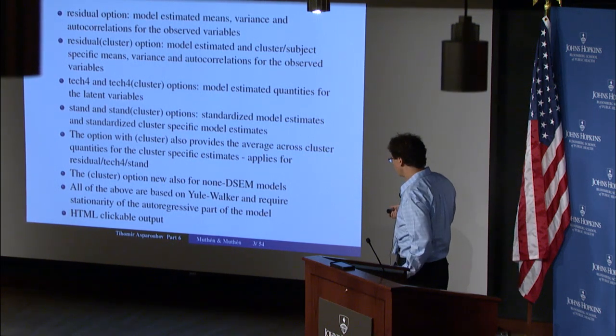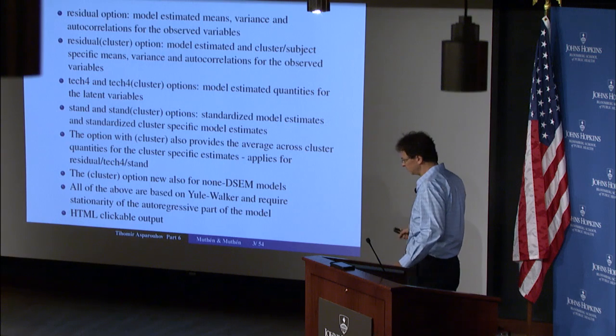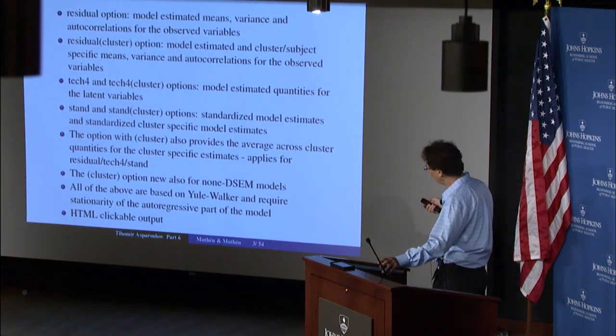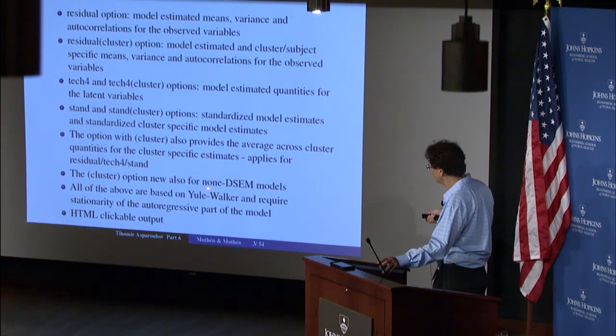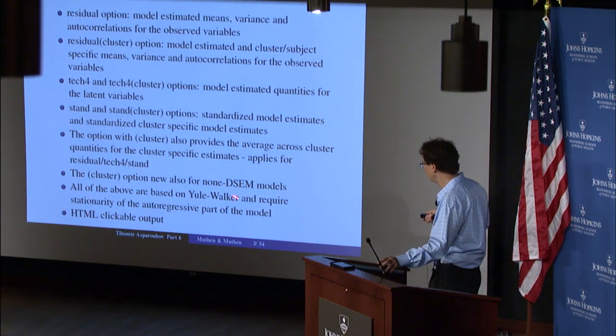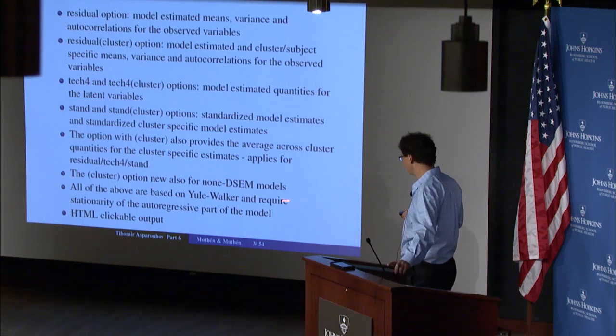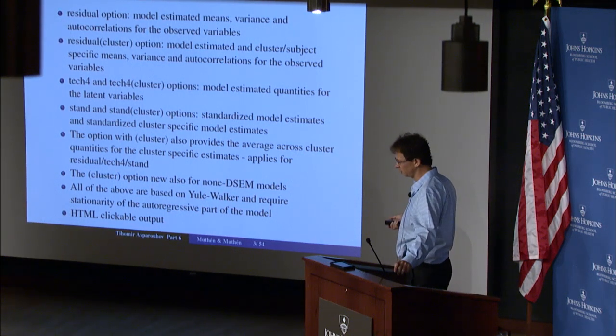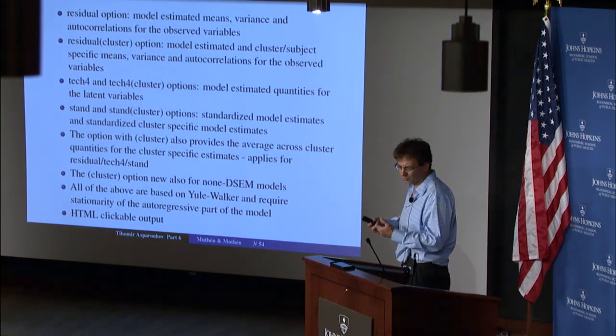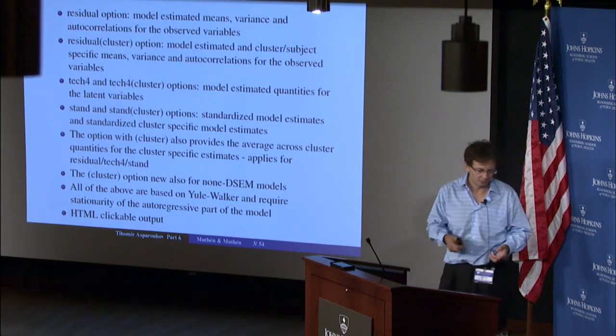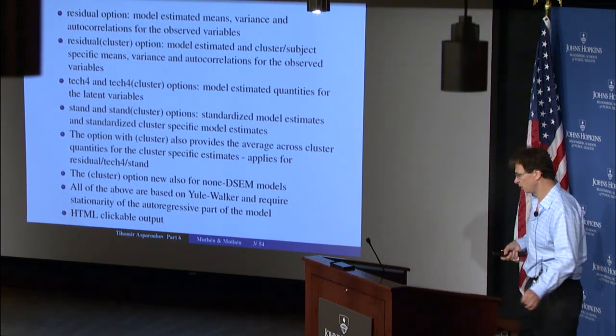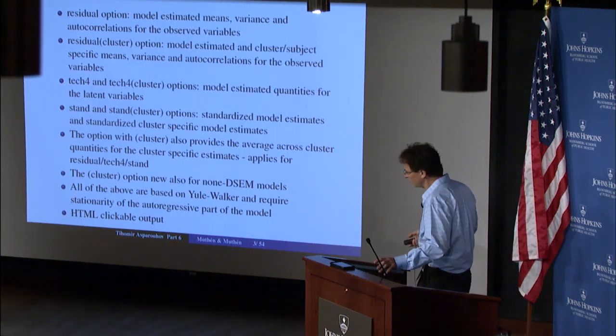Again, one thing to reinforce here is that all these options do assume stationarity of the autoregressive part of the model, and they will be incorrect if you don't have such stationarity. And how do you actually test whether a model is stationary or not?